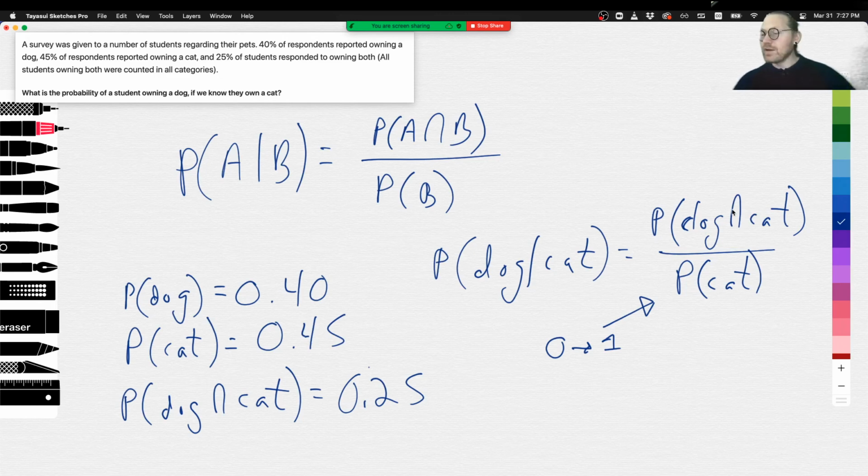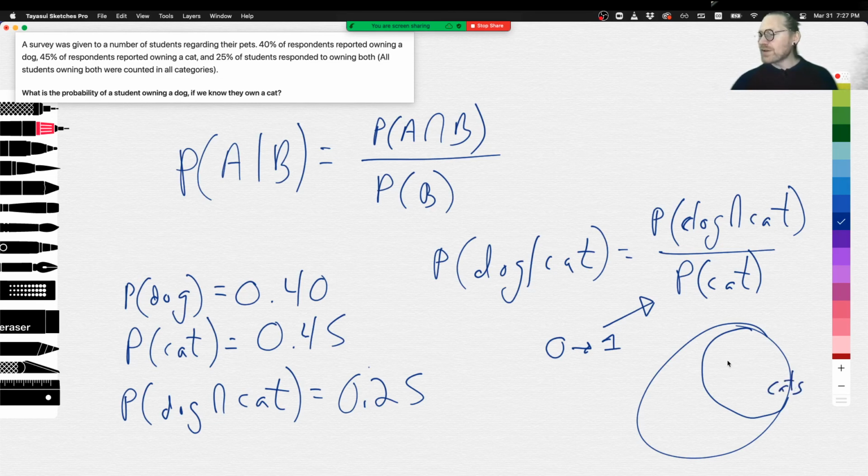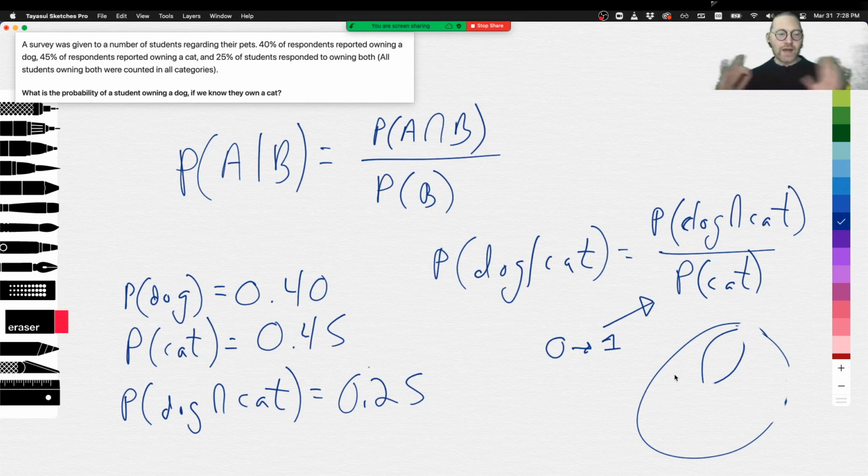Because if we're thinking about the probability of owning a dog given that we know they own a cat, we have limited the space, right? We've got this whole space of animals, and we're only really considering the area of cats. And then there's going to be a certain amount of people in this area of cats that own dogs, and that's what we're looking for. We're not looking for people who own dogs and cats on its own.